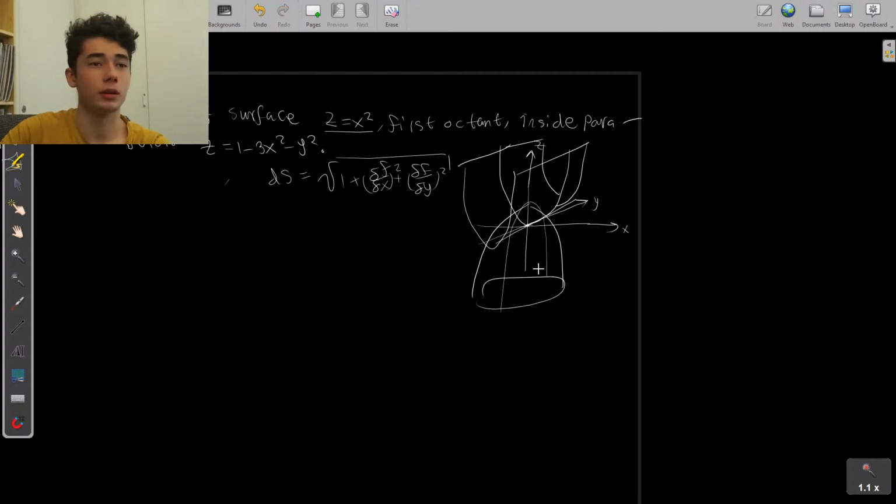Maybe I'm completely wrong. And then we can view our projection along the y-x axis. This will be useful when calculating the double integral, right? And this projection will be an ellipse.